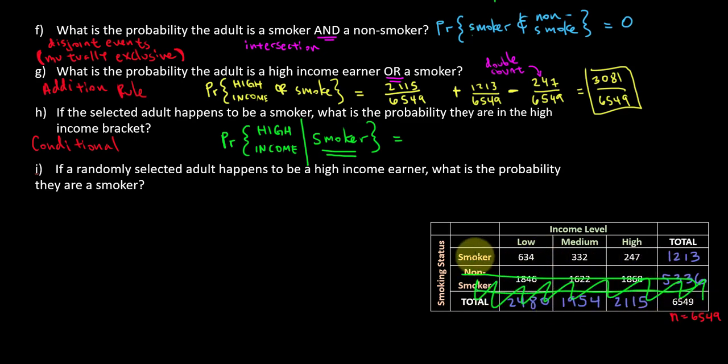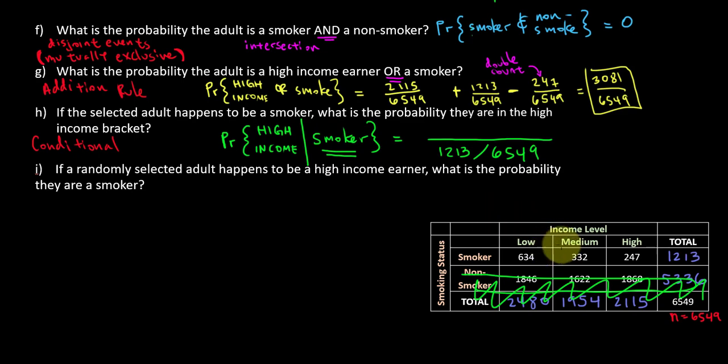So first, an individual has to be a smoker, and that occurs with a certain probability. So that needs to be in the denominator. That is the 1213 out of 6549. In the numerator, we need the intersection of both of these categories, high income and smoker.